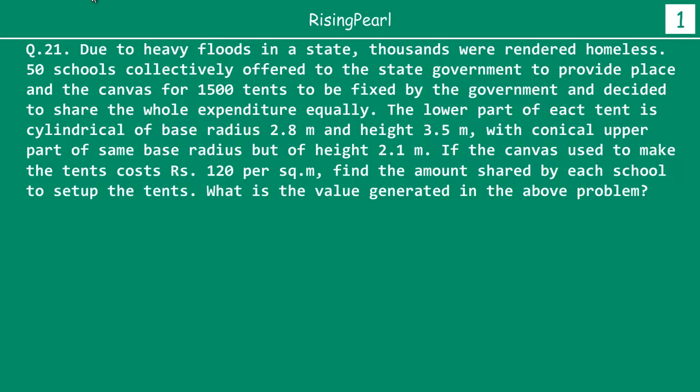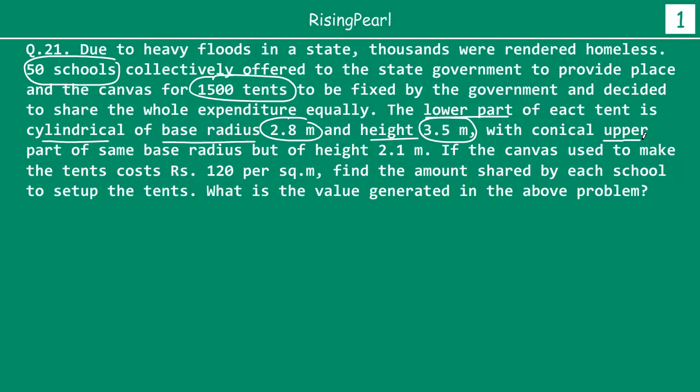The second thing, now let's take a look at some important numbers in the question. First, there are 50 schools that decided to help put up 1,500 tents, right? And each tent has a lower part which is a cylinder whose base radius is given as 2.8 meters and height is given as 3.5 meters.